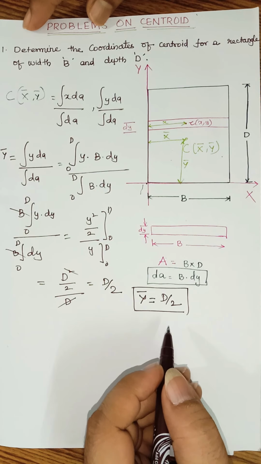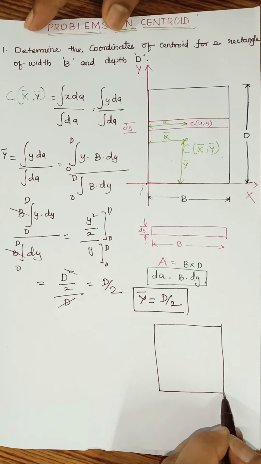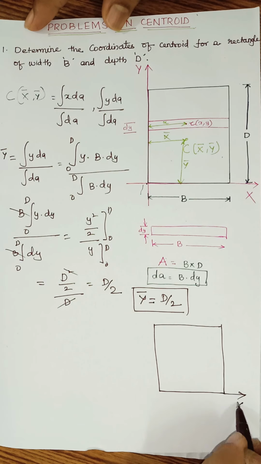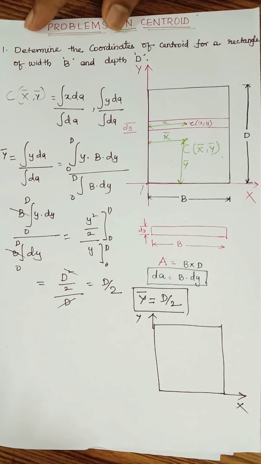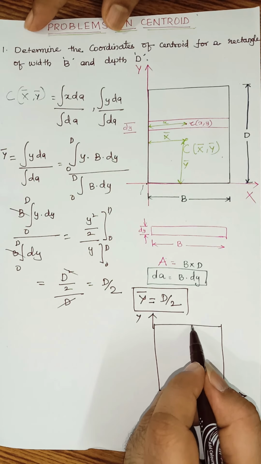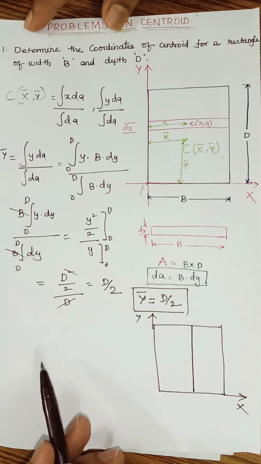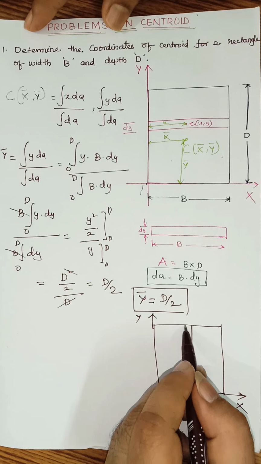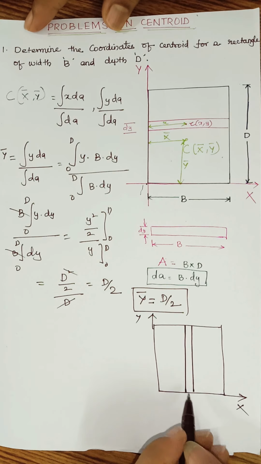In a similar manner, I'm considering the same rectangle again. For the same rectangle, the reference x-axis as well as the reference y-axis are the same. To determine the y coordinate of centroid, we took a horizontal elementary strip. Now to determine the x coordinate of centroid, I'm considering a vertical elementary strip.